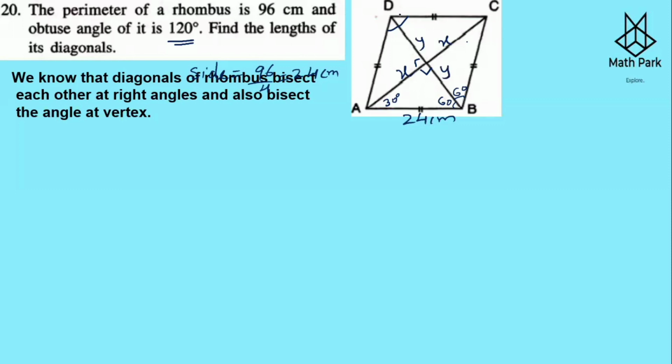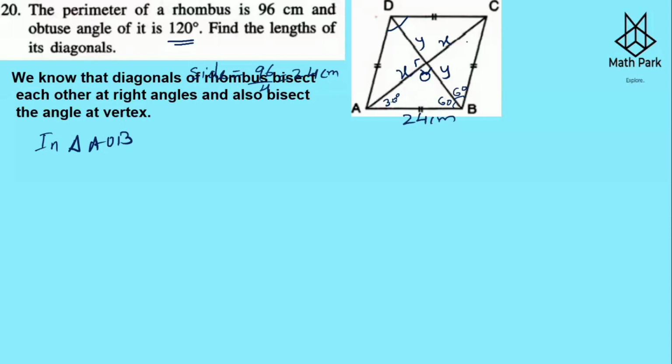Okay. Now let us start using trigonometry for this triangle. Let us say the diagonals are intersecting at O. So in triangle AOB, you are given the hypotenuse, and the angles 30 and 60 are known because this is a right triangle.